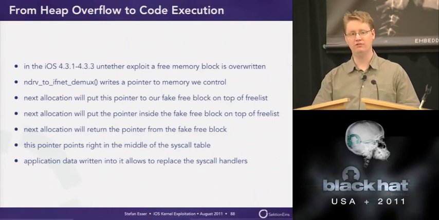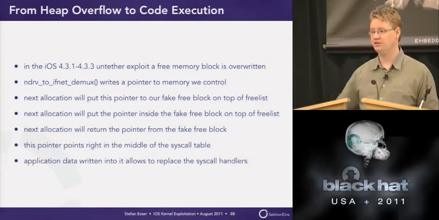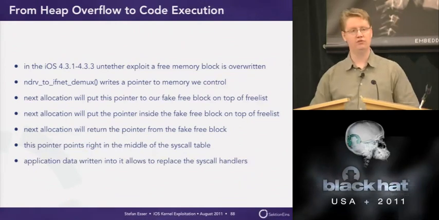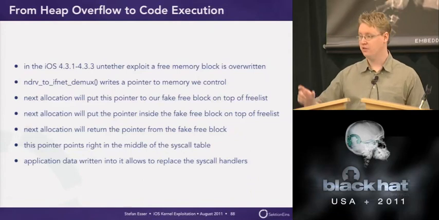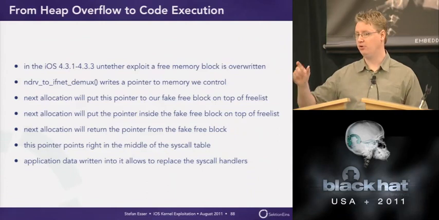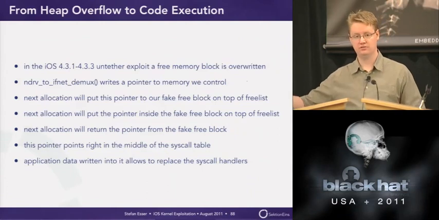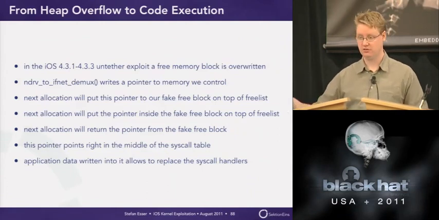We only know our overflow is writing a pointer, and it's writing a pointer to data we control. So, okay, we let the overflow do that. The overflow will write into the free list pointer a pointer to our data. It will do that for us.